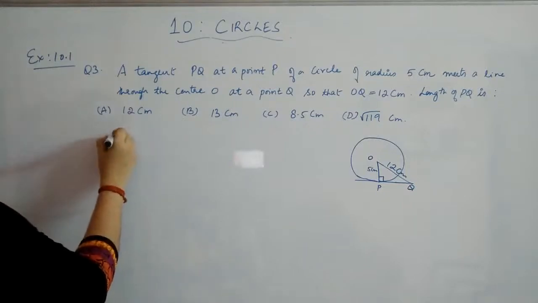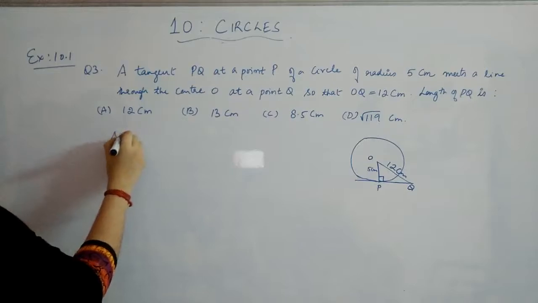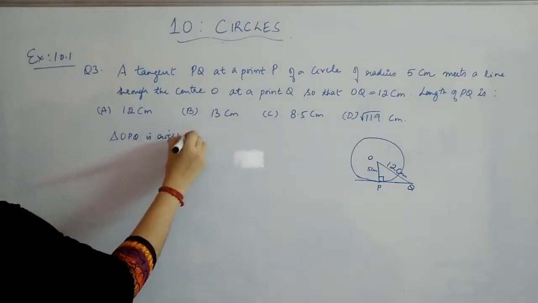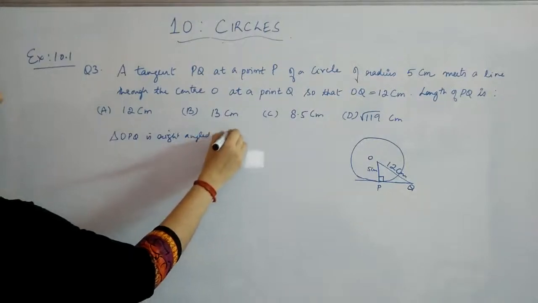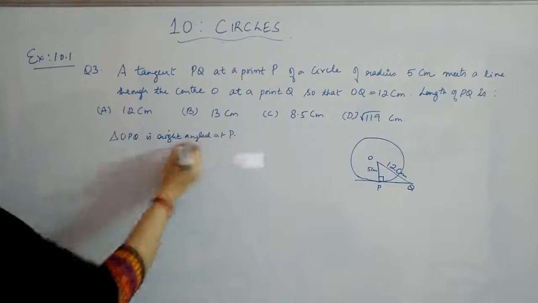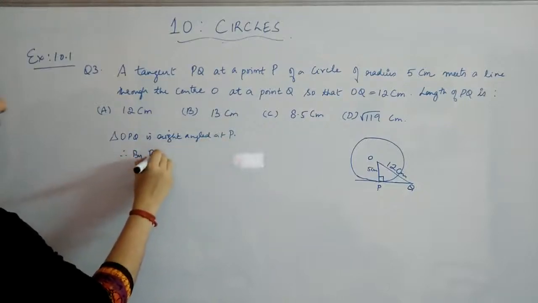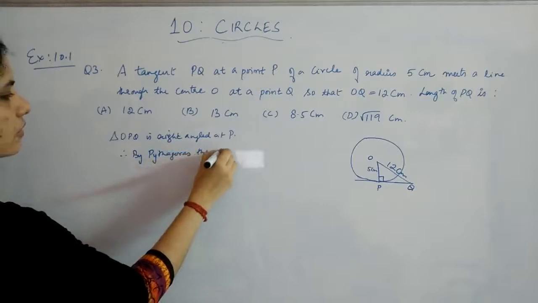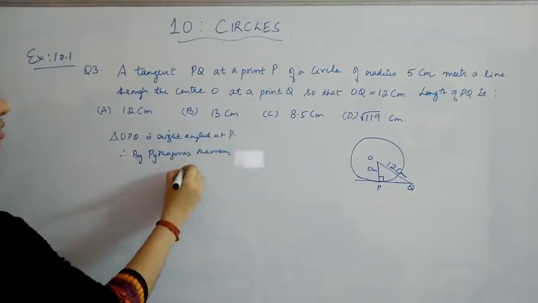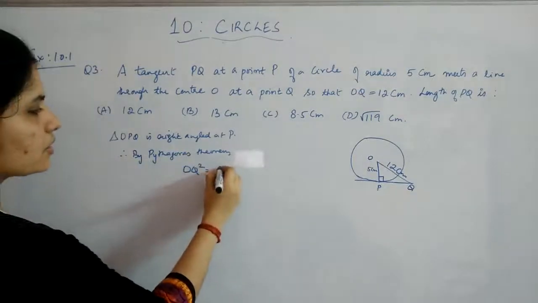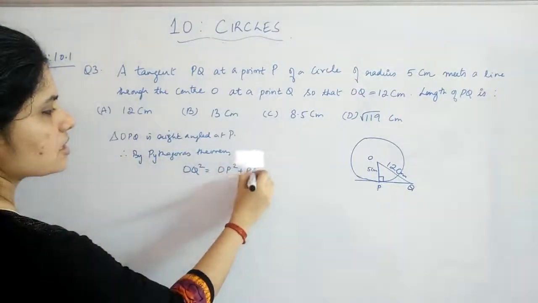Now triangle OPQ is right angled at P. So therefore, by Pythagoras theorem, you will get OQ square, that is hypotenuse square, is equal to base square plus altitude square. So you will get OP square plus PQ square.